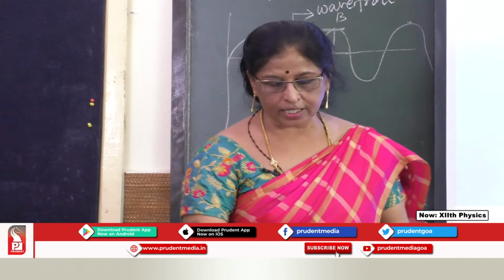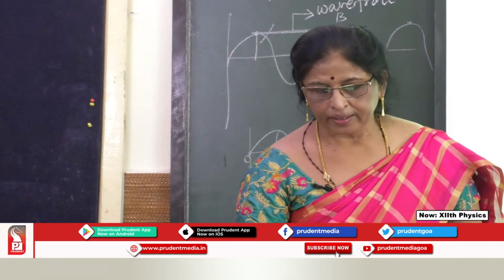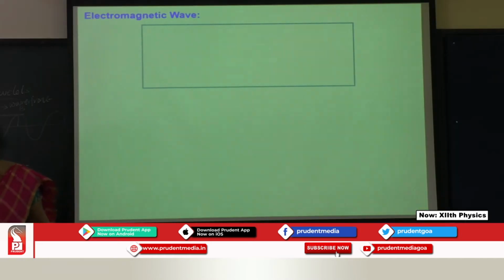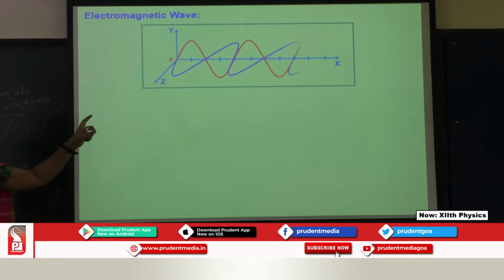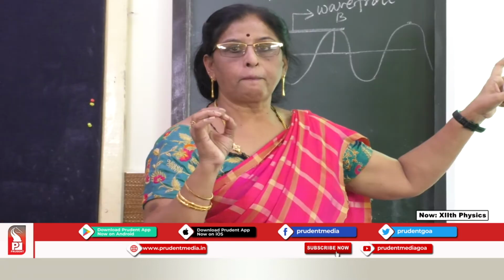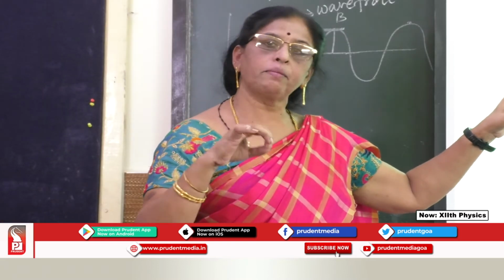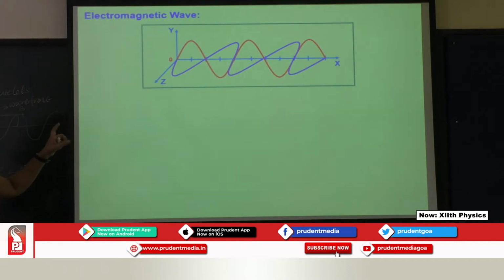So this is the electromagnetic wave, light. Why do we call it an electromagnetic wave? It is deflected by electric and magnetic fields. I think we have studied this in the chapter on electromagnetic waves.